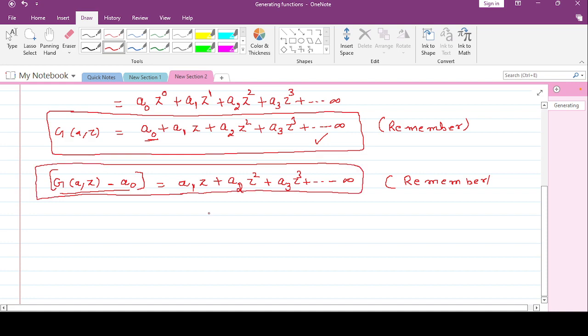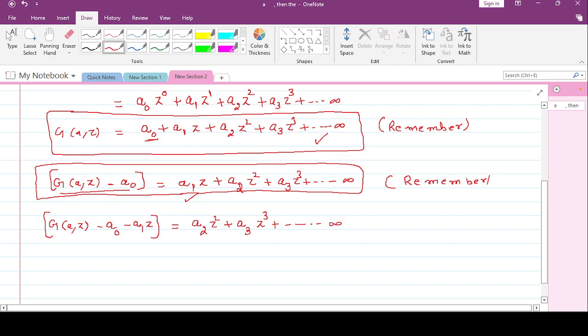Now one more expression I want you to remember. Bring this term to the left hand side again. So what do you get? You get G_a(z) minus a0 minus a1 z, equal to a2 z square plus a3 z raised to the power 3, and so on up to infinity.